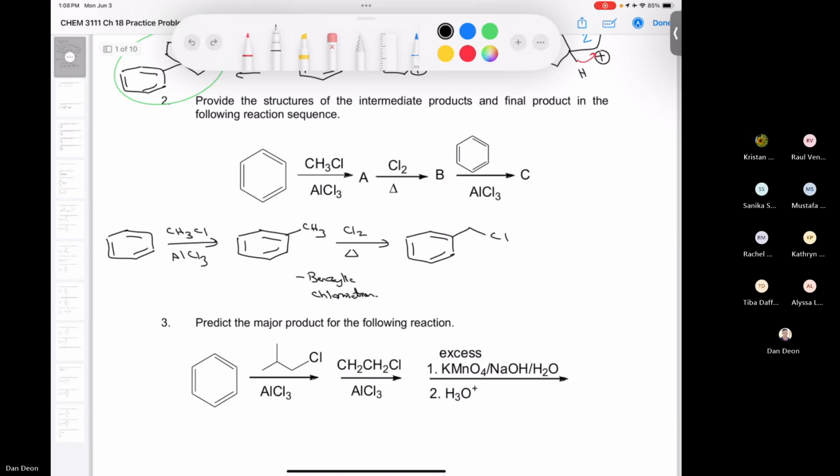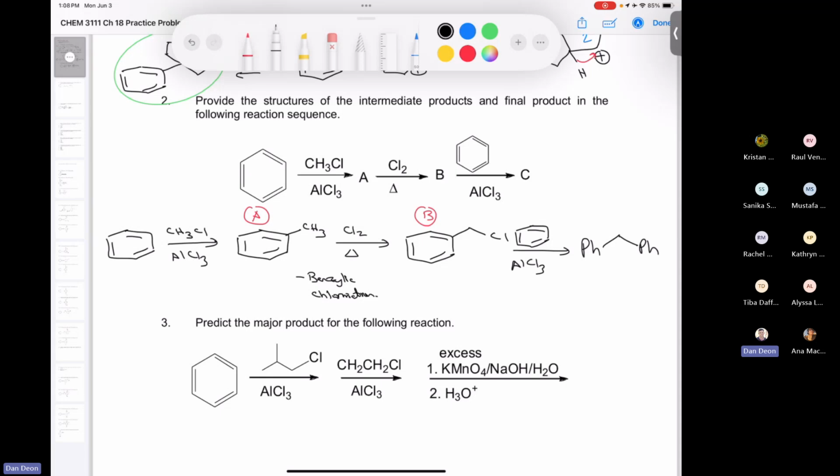So this would be A, this would be B. And so after our next Friedel-Crafts alkylation, with benzene and aluminum chloride, we're going to end up with this compound. I'm just going to put Ph to represent phenyl. So we're going to end up with this compound here. All right, there we go.